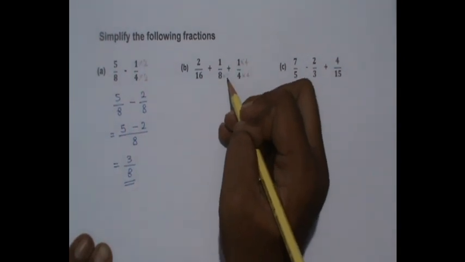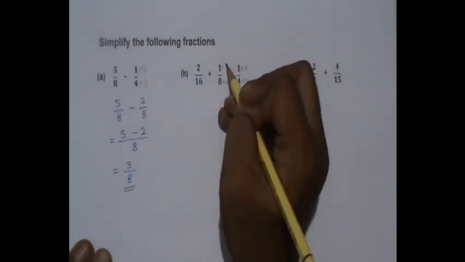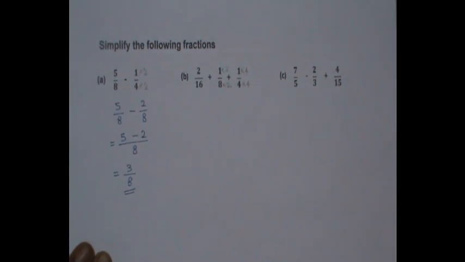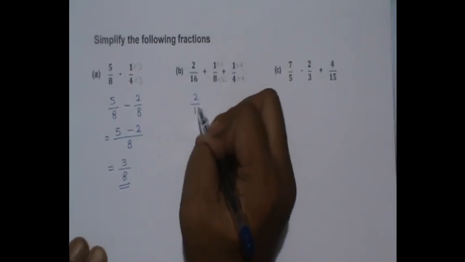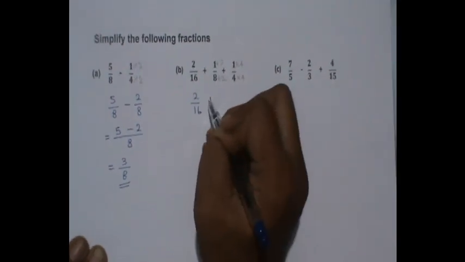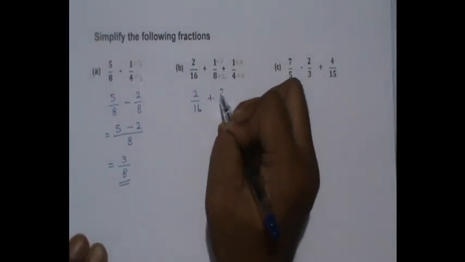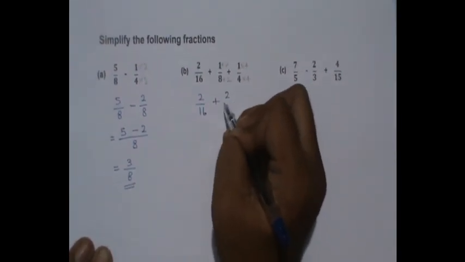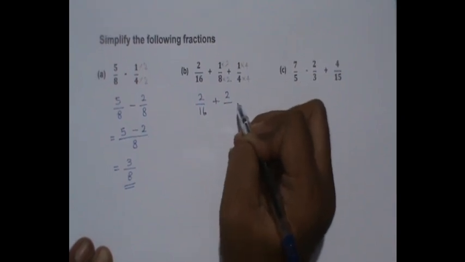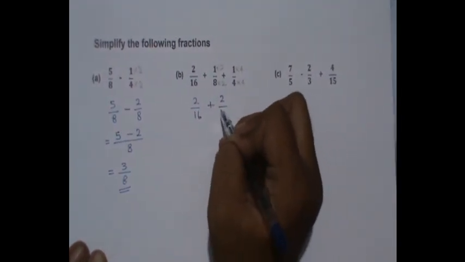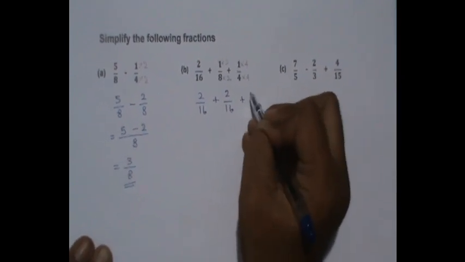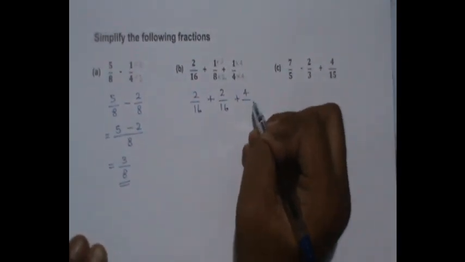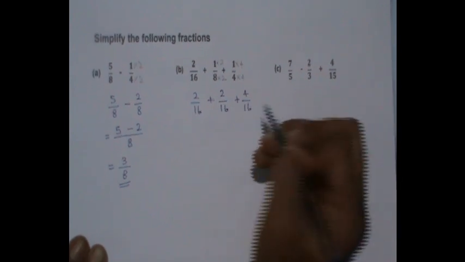See, lesser denominators, and multiply by 4 to get 16 by 4, and this one 8 into 2, 16. So now you can write 2/16 plus 1 into 2, 2, 8 into 2, 16, plus 1 into 4, 4, and 4 into 4, 16.